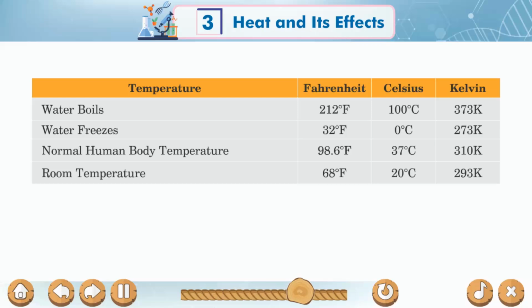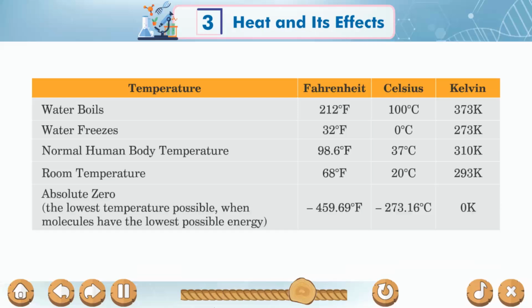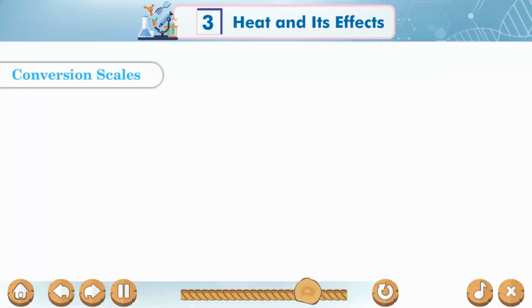Room temperature 68 degrees Fahrenheit, 20 degrees Celsius, 293 Kelvin. Absolute zero, the lowest temperature possible when molecules have the lowest possible energy, minus 459.69 degrees Fahrenheit, minus 273.16 degrees Celsius, 0 K or 0 Kelvin.